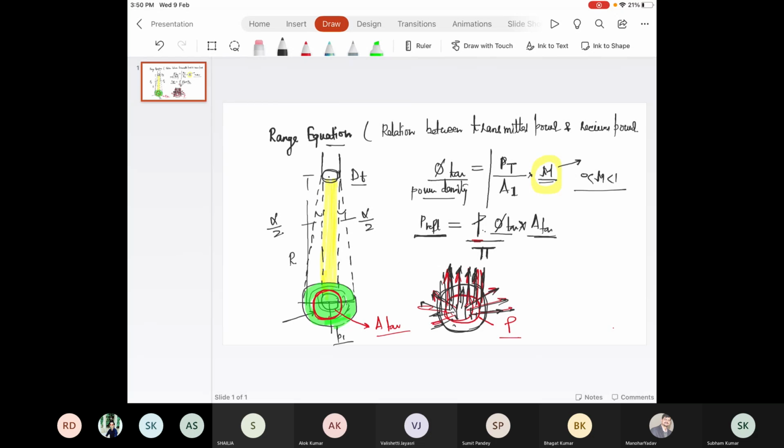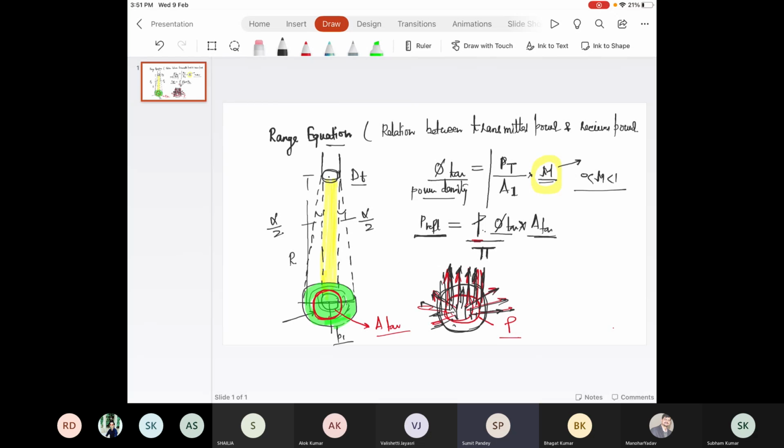I'm giving you 5 minutes time. Please see these equations and let me know if there is any problem in understanding how we calculate phi target, and how we calculate reflected power per unit solid angle. Also, what is the relation between the target area and the area which a collimated laser beam will make?